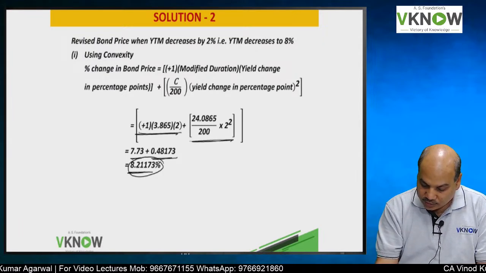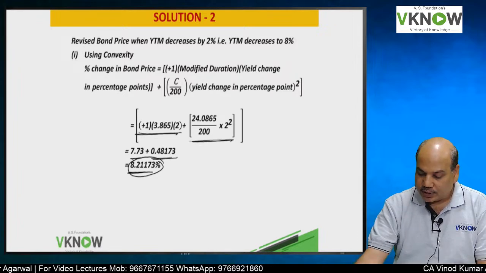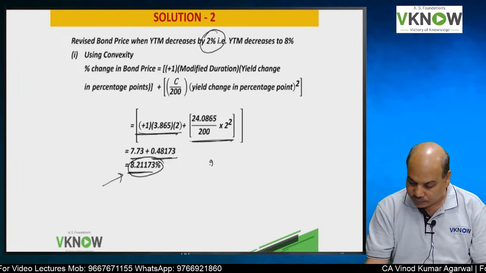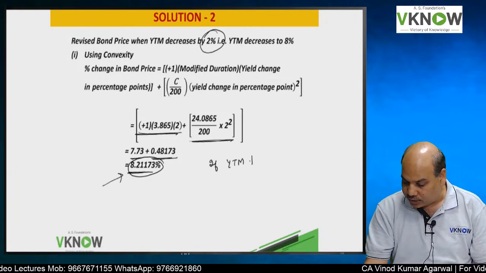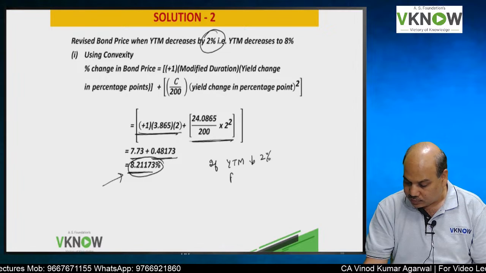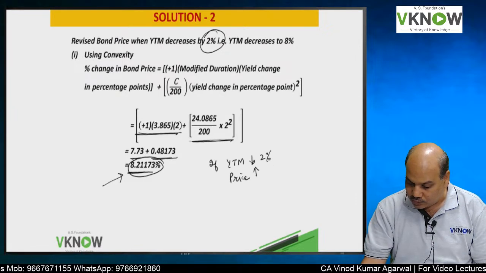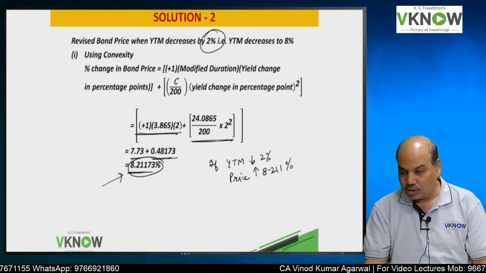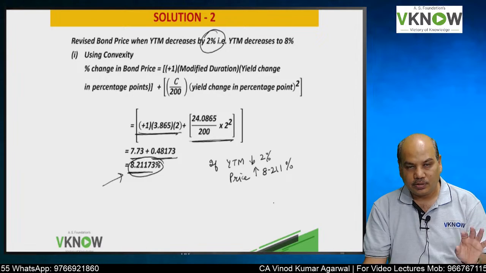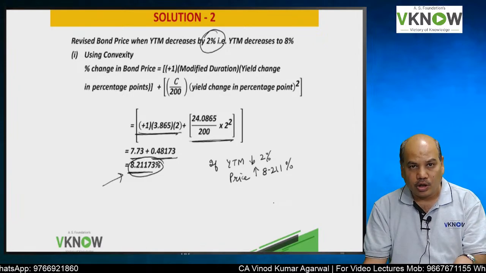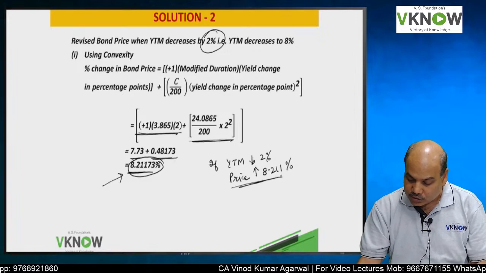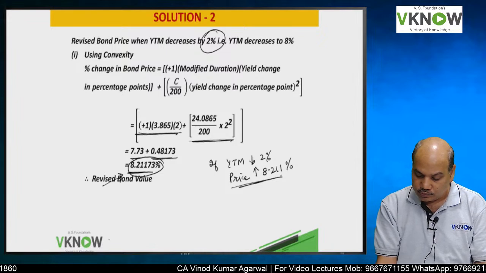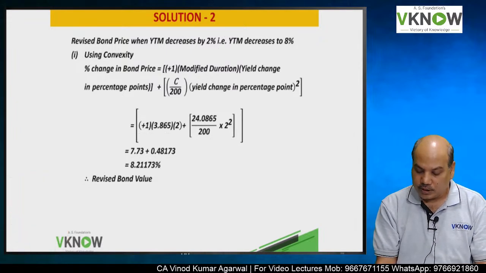Now it means that if the YTM decreases by 2%, bond price will increase by 8.21173%. So the new bond price will be the price that you have computed already in step 1 plus this 8.211%. So write down below revised bond price.